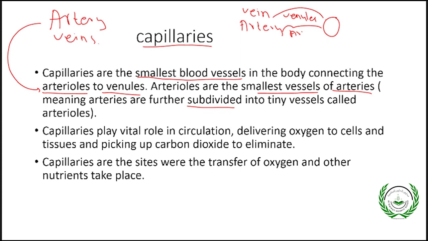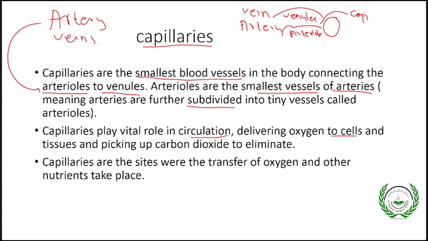Here is the concept. Our cells are very small, at a microscopic level. The arteries and veins are much larger than our cells, so they cannot provide the blood, the oxygen, and nutrients directly. In order to fit the size of the cells, they are further divided and become very small.